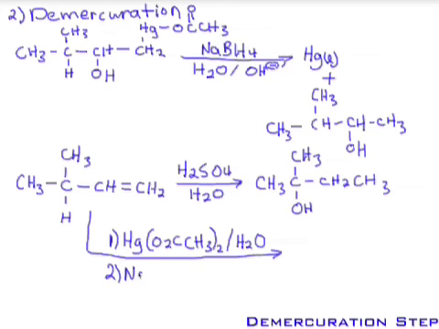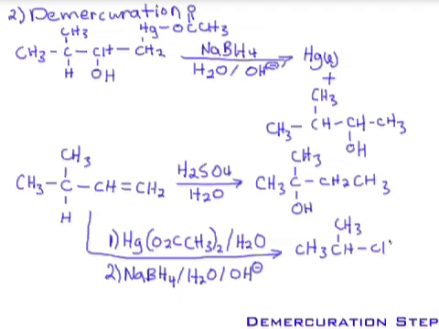Sodium borohydride, H2O, hydroxide. This is oxymercuration-demercuration. It does the exact same thing except I don't get the shift. No 1,2 shift. Well, if there's no 1,2 shift, then the OH goes on here.